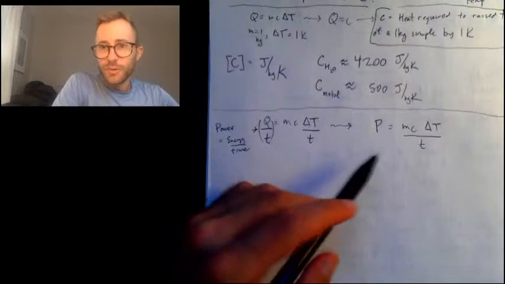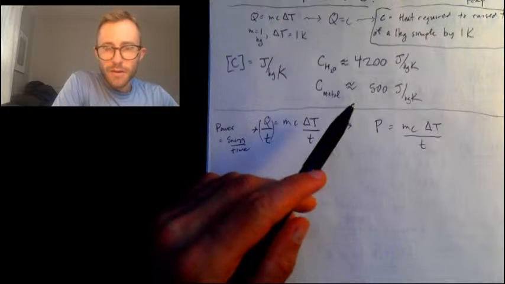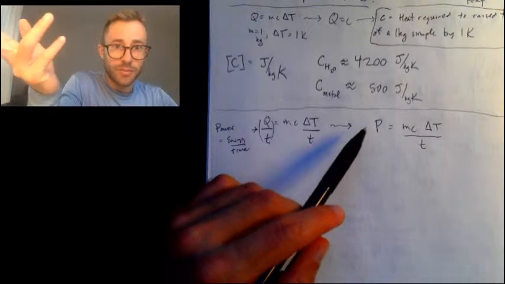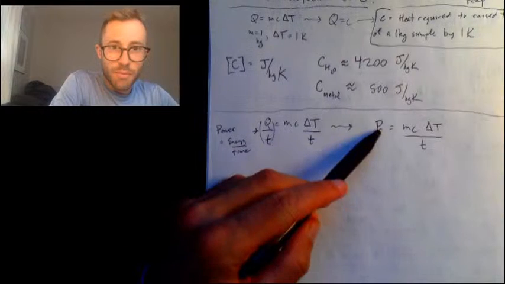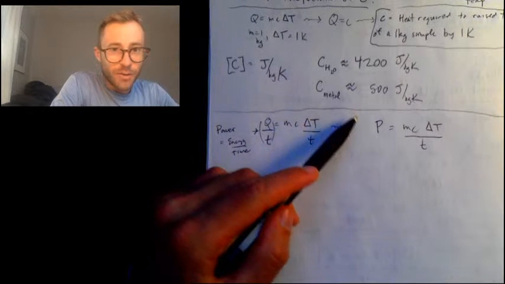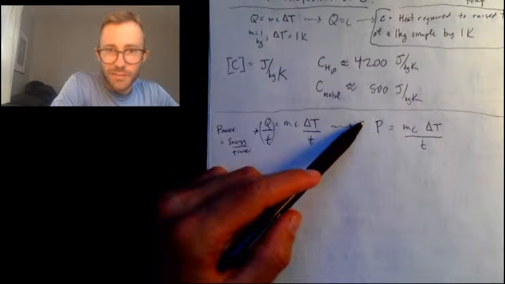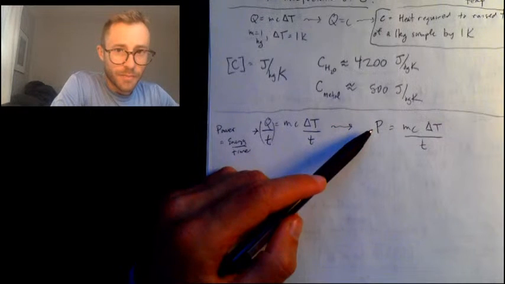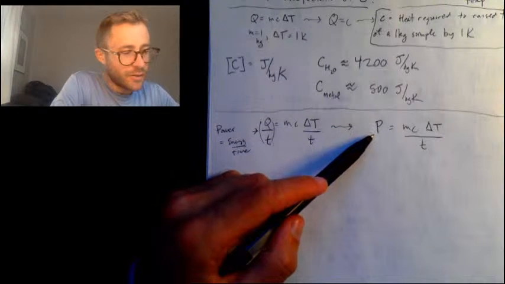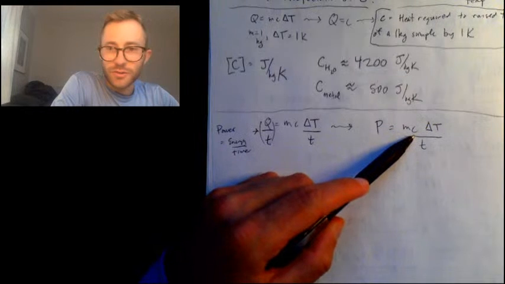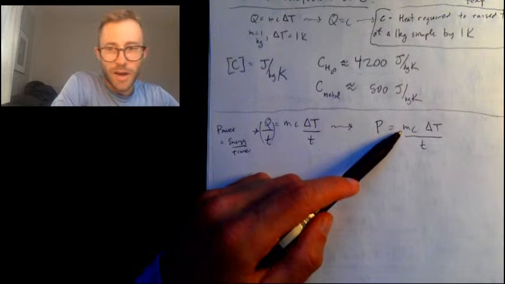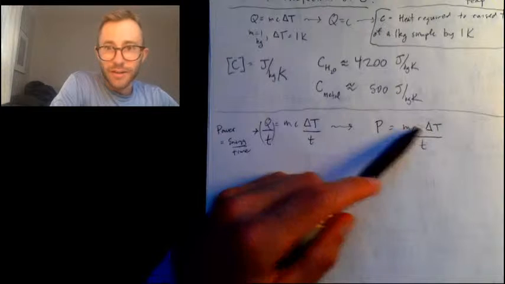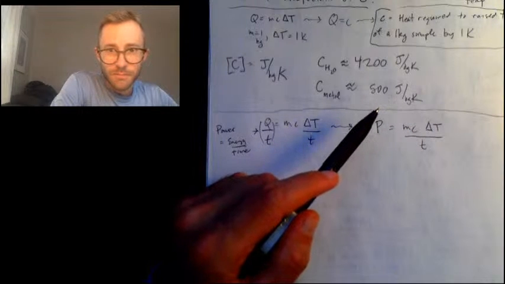I like this equation because let's say you have a burner on your stove, for example. That burner is outputting a certain number of joules of heat per second, so that burner has a power. And your food has a certain specific heat capacity, a certain mass, and a certain amount that you're trying to raise its temperature.